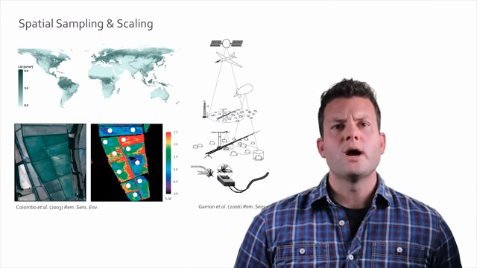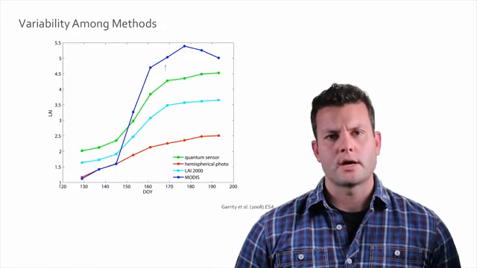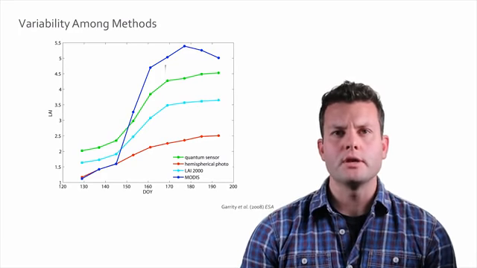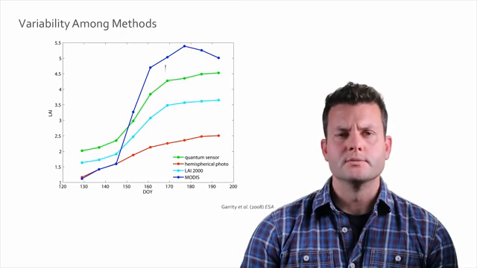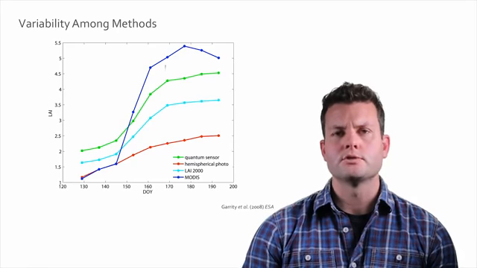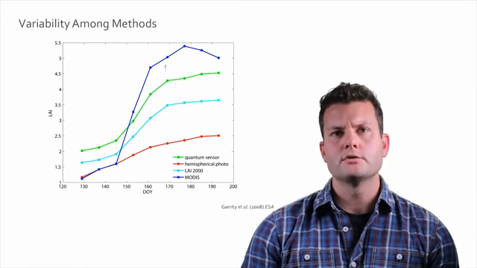The other thing to keep in mind is that not all methods will produce the same results. And what I'm showing here was some data that I collected several years ago during the spring in a deciduous forest canopy. So you can see I used 4 different methods.